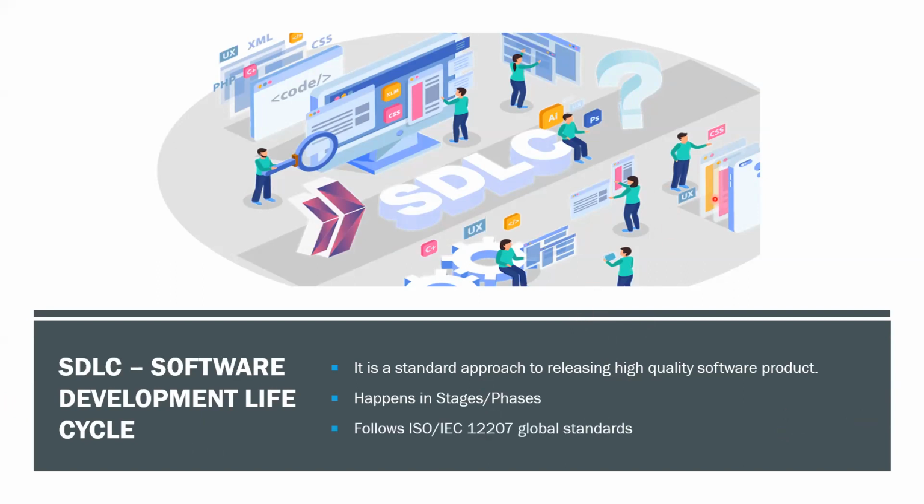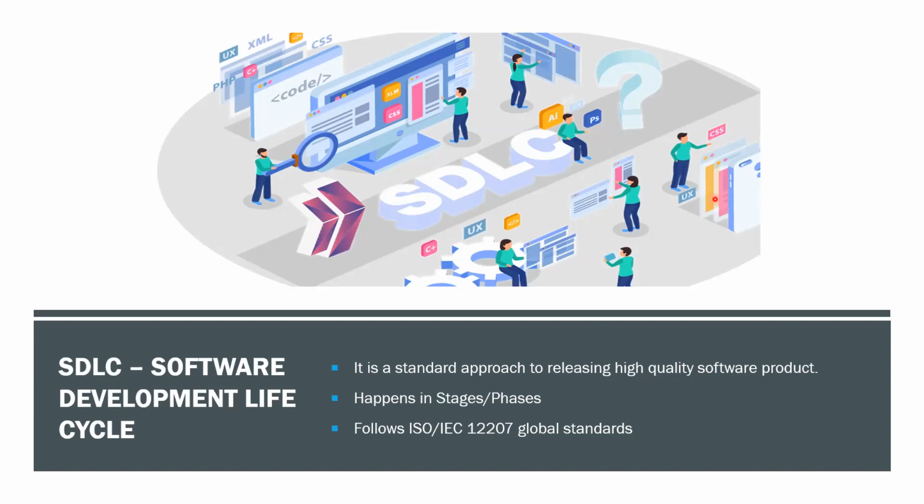Now, it follows the ISO IEC 12207 global standards. You don't have to worry about this. This is not something that you're going to be quizzed on. But it's important to know that the software development lifecycle didn't just pop out of nowhere. Just like, and you will see this eventually, Agile.